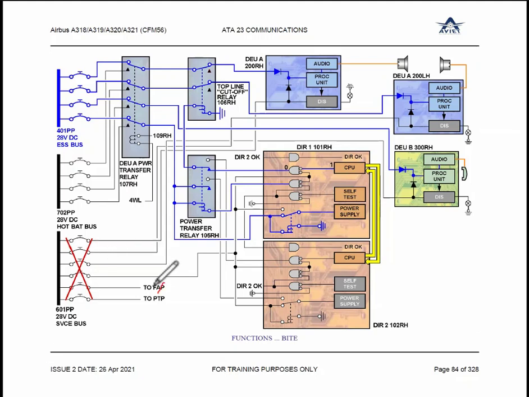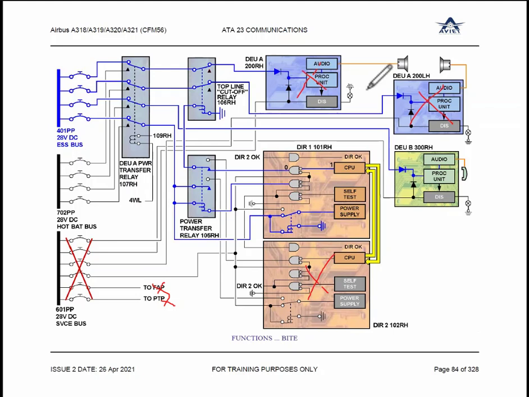You lost the FAB, you lost the PTP, you lost the second director, correct? As well as you will lose DUA also. The diagram is not clear here. You will lose DUA also, because you are on essential service.